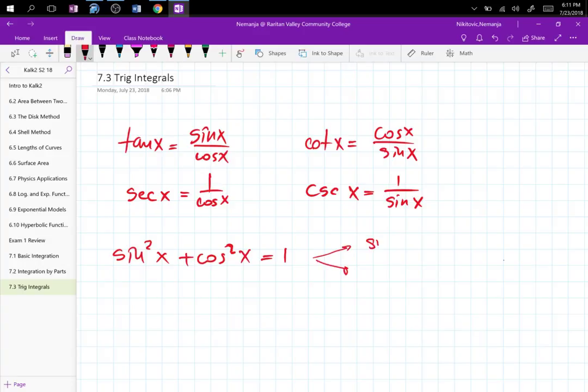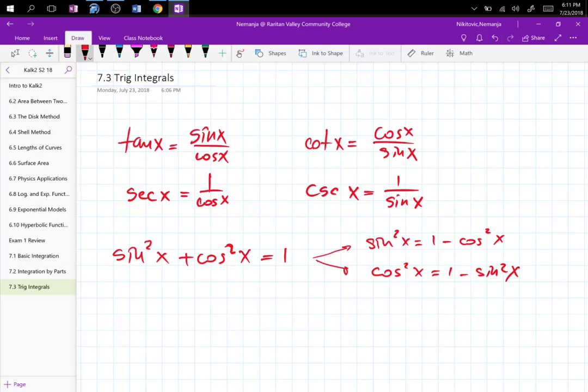You can get sine squared x as 1 minus cosine squared x, and you can get cosine squared x as 1 minus sine squared x. These are important because you will use them in all possible ways. So it's one formula, but it has three forms: one solved for 1, one solved for sine squared, and one solved for cosine squared.